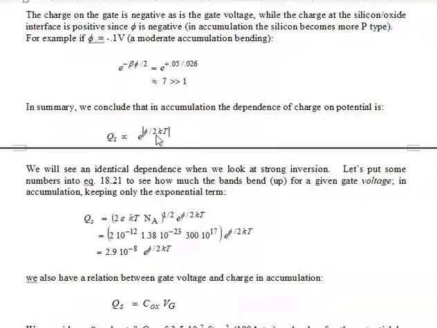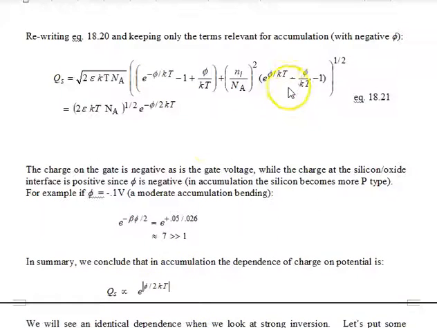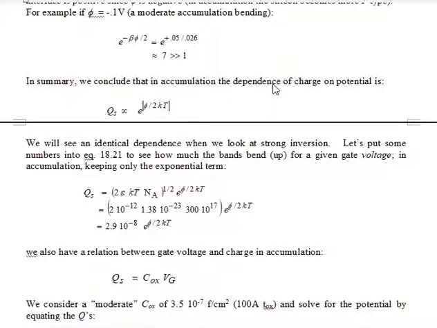The only difference is there's a depletion capacitance in series in strong inversion, but the dependence of the Q on phi is going to be the same. So in strong inversion, we're going to see this term predominate. Accumulation, this term predominates. Strong inversion, this term is going to predominate.